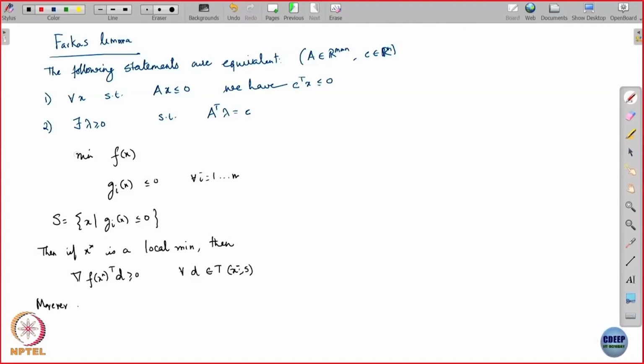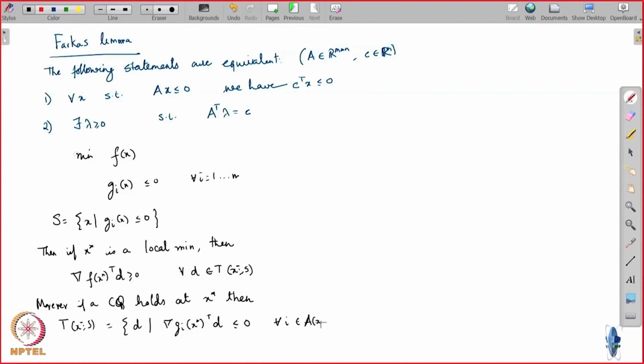Moreover, if a constraint qualification holds at x star, then the tangent cone T of x star on S is the same as the set of d such that the gradient of g_i transpose d is less than or equal to 0 for all i in the active set.